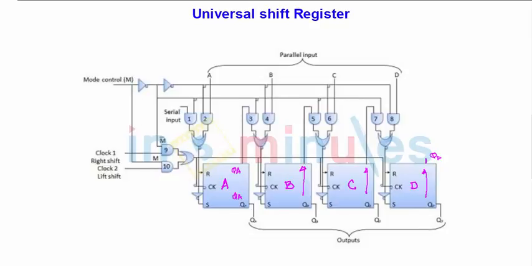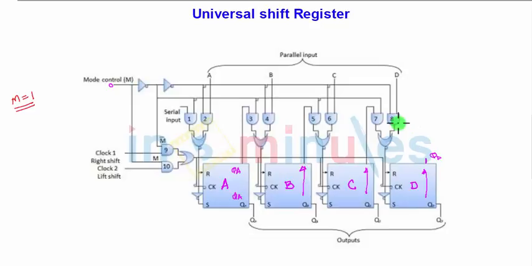Starting with the very first point, a mode control terminal is given here, which is very important. Now M can take two values. Let us say M is equal to 1, what happens? In the external combinational circuit we have drawn here, clock 1 and clock 2 are used for shift right and shift left operation respectively, whereas this is the matrix of AND and OR gates given here.